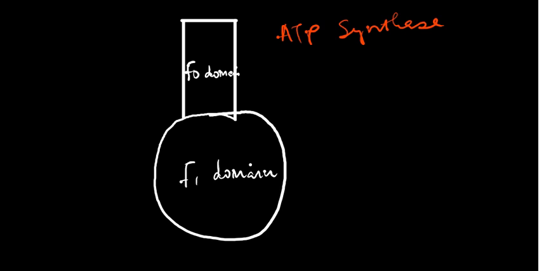The enzyme complex of the ATP synthase, which is complex 5, is the one that synthesizes the ATP using the energy of the proton gradient that we had talked about, generated by the electron transport chain.